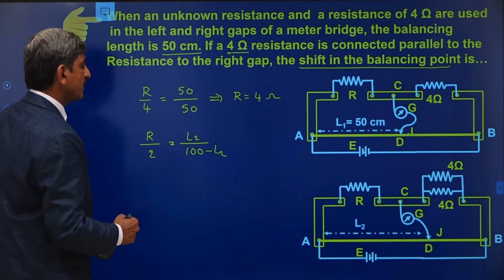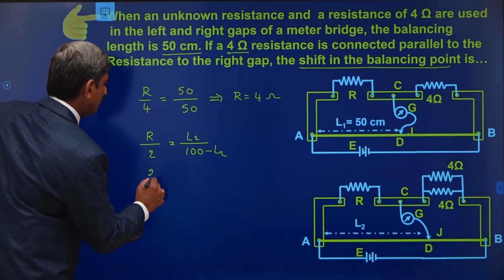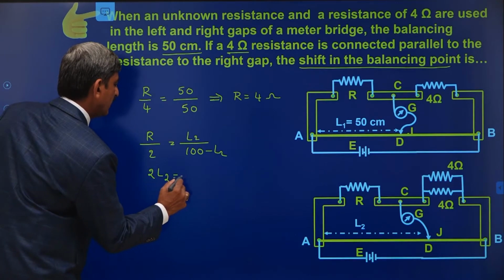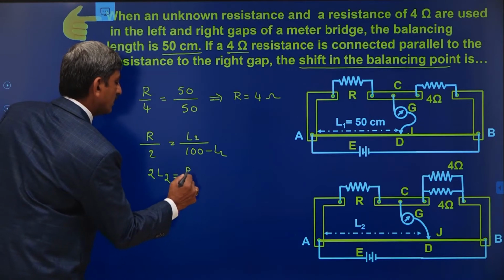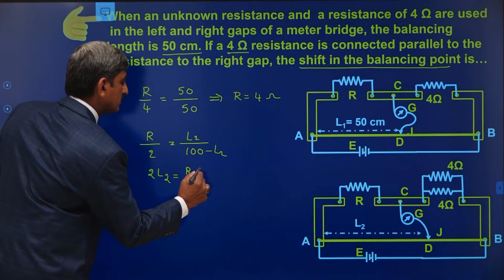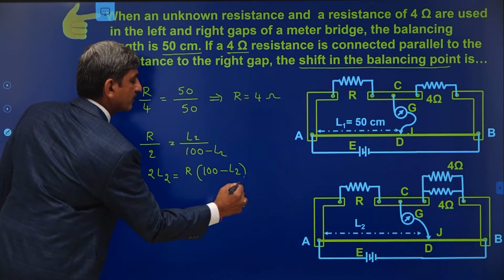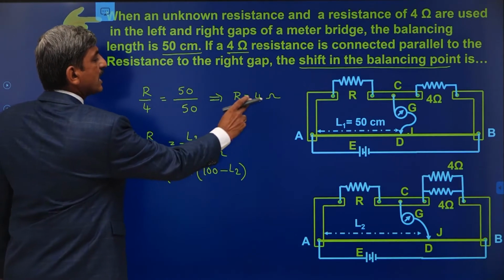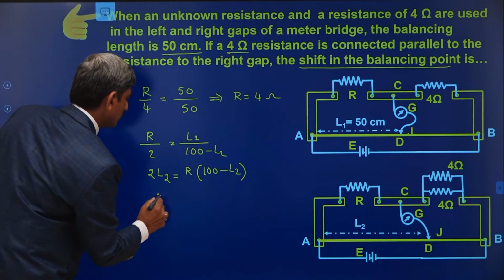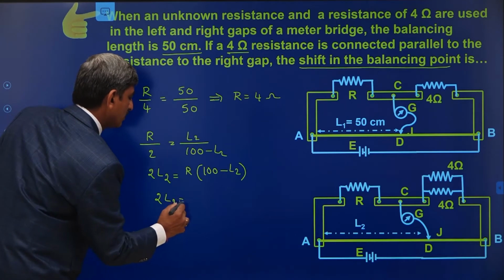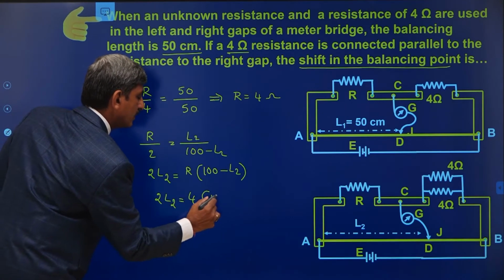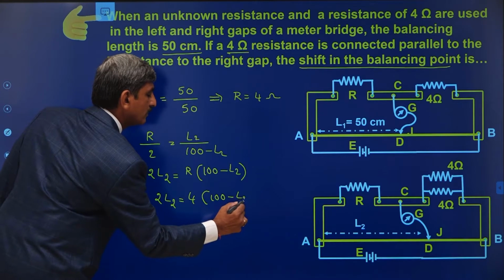Now, by making cross multiplication, we have 2L2 is equal to R into 100. But already you know that R is equal to 4 ohms. So 2L2 is equal to 4 of 100 minus L2.